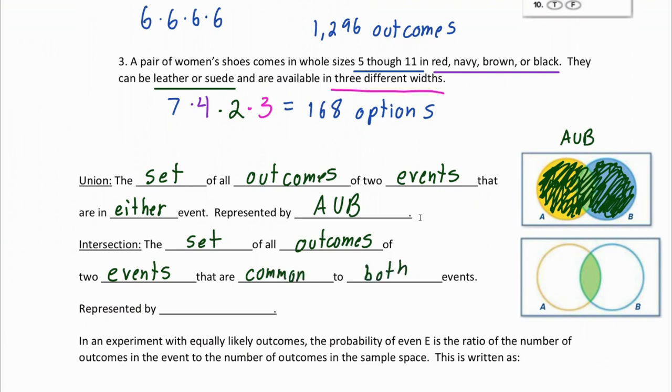This is represented by A intersection B. Again, if A is you play basketball and B is you play soccer, this is saying you would have to play basketball and soccer to be considered in this. A union is saying, I don't care if you play basketball, soccer, or both, I'm going to include you. A intersection B is saying you got to play both.